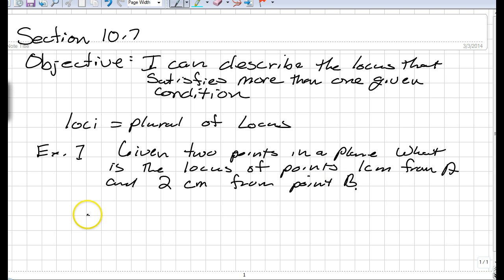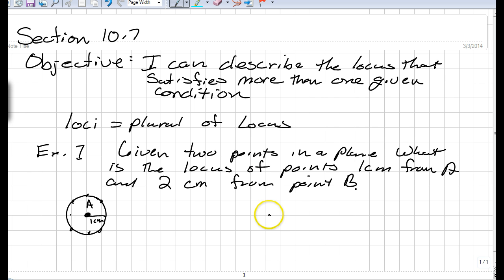Okay, so first of all, let's look at point A. So we want the locus of all points 1 centimeter from A. So we know then that that would be a circle with center A and radius of 1 centimeter.